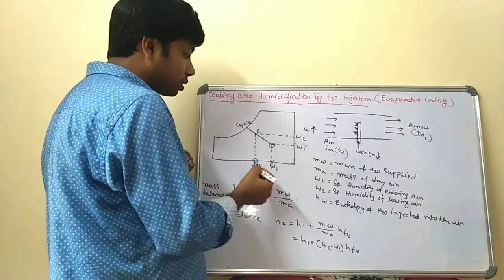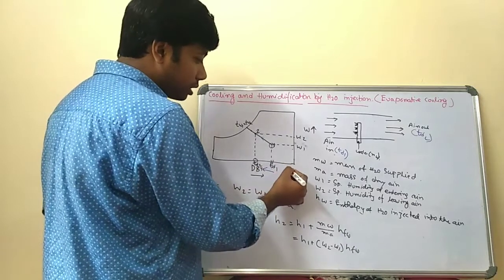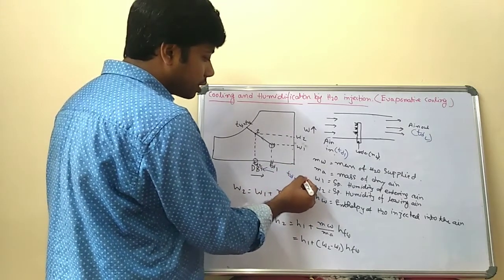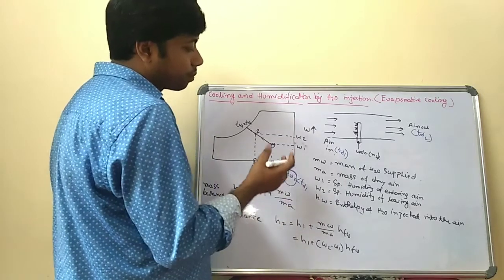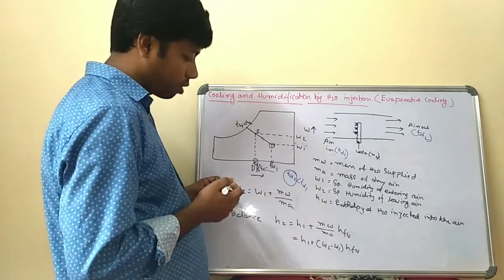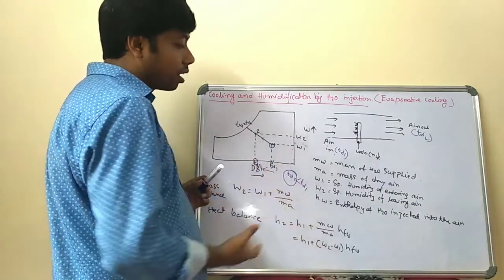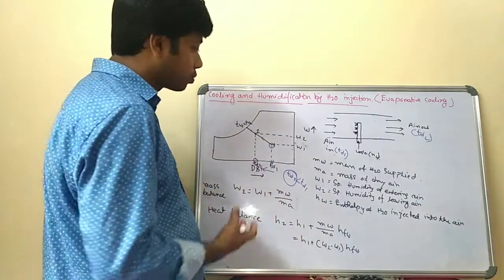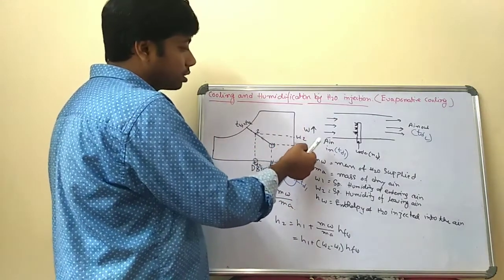Basically it is a leftward movement, so TD1 goes to TD2, that means TD2 is less than TD1. The exit air has a lower dry bulb temperature compared to the entering air, so the cooling process is done. What about humidification?